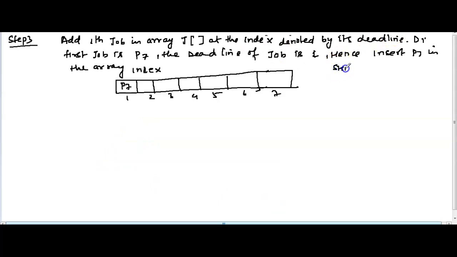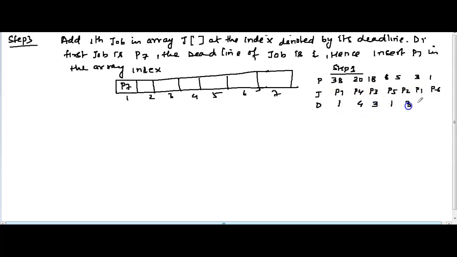Step 1, what I did here: I already initialized the profit, job and deadline in descending order: 38, 20, 18, 6, 5, 3 and 1, and P7, P4, P3, P5, P2, P1 and P6, and the deadlines were 1 4 3 1 3 1 2.